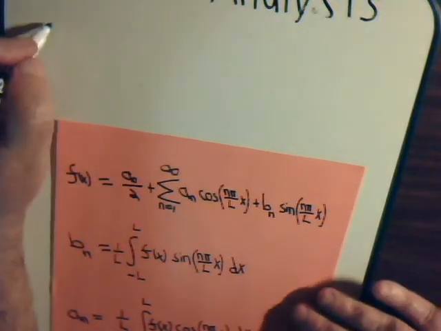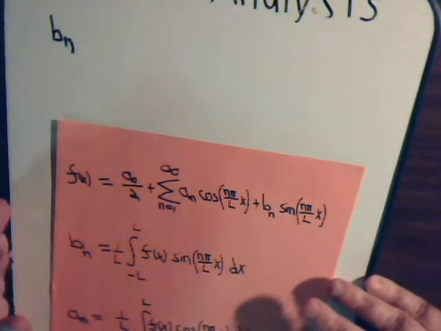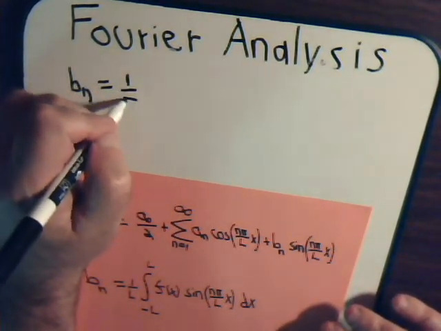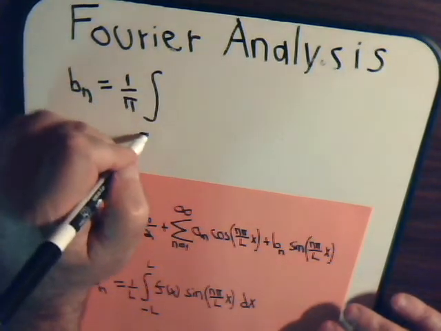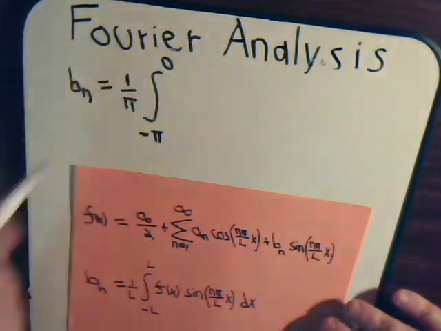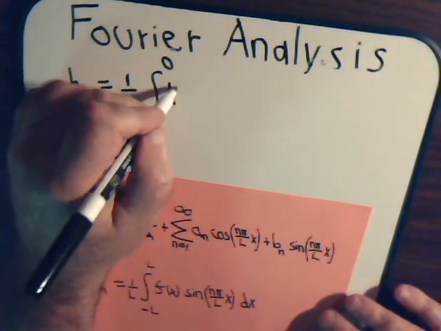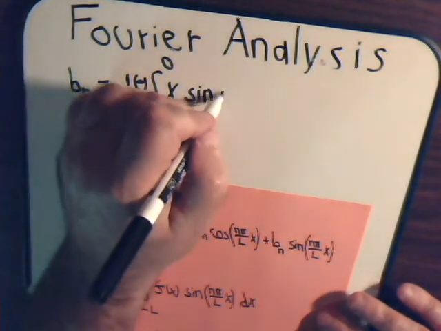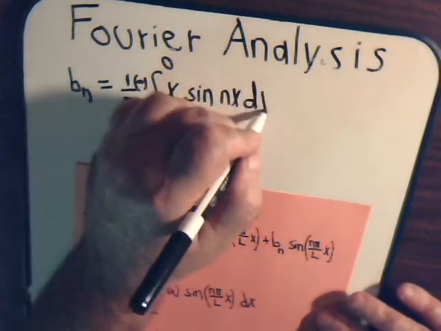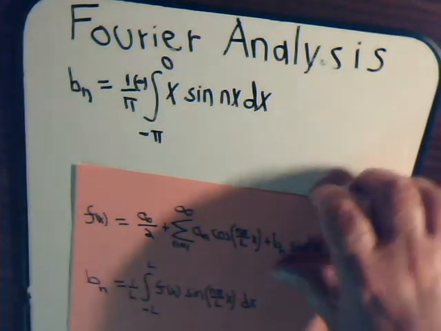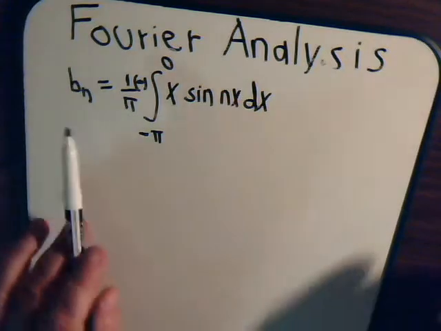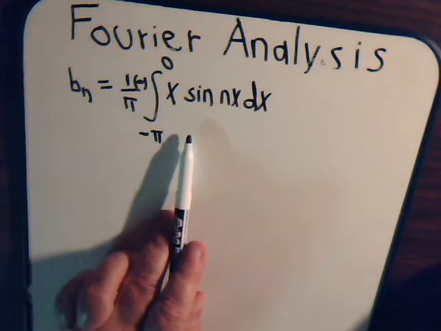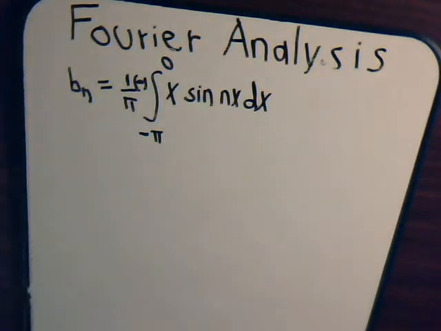So b sub n equals 1 over pi, the integral from minus pi to 0 of minus x times the sine of nx dx. So here we're going to have to integrate this by parts once again. Then when we do that, we'll determine b sub n. Then finally we can put all the pieces together and get our formula.